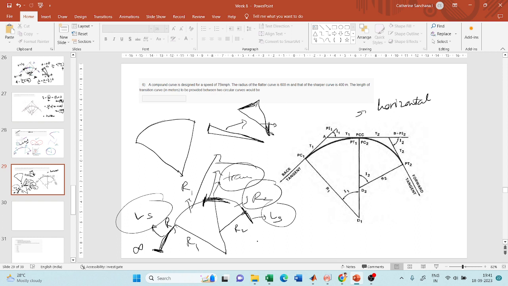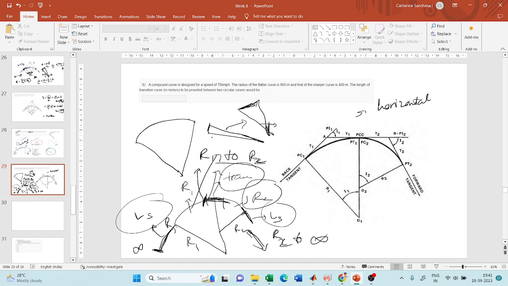If you're traveling this way, you're going from radius of r2 to radius of infinity. You know how to find the transition curve for this, but here at this point you want the transition from radius of r1 to radius of r2, right?